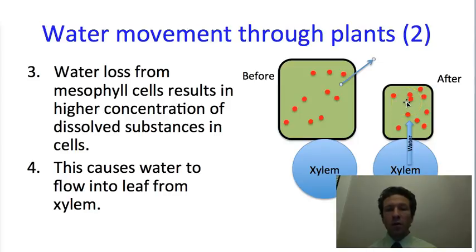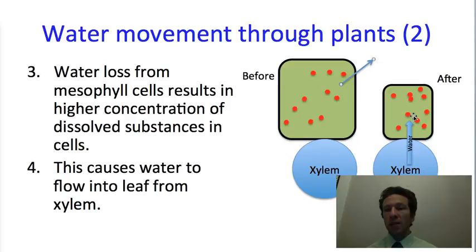We already know though that because of osmosis, if we have a higher concentration of a substance, then that is going to tend to pull water from areas where there's lower concentrations of the substance. And if we think about the xylem, it's going to usually have a very low concentration of dissolved substances in it.